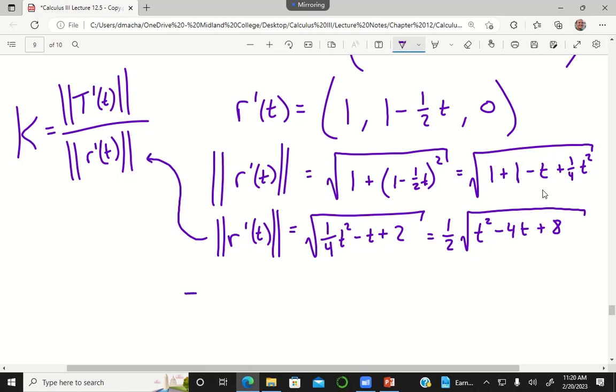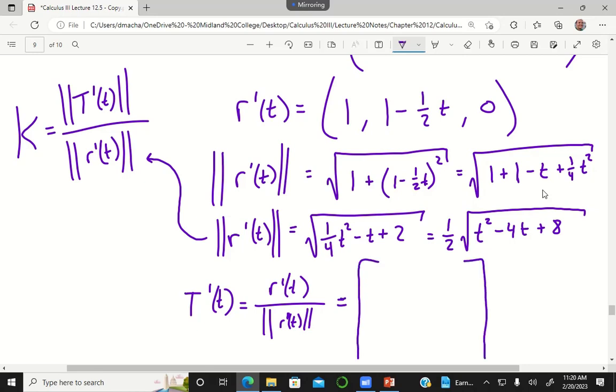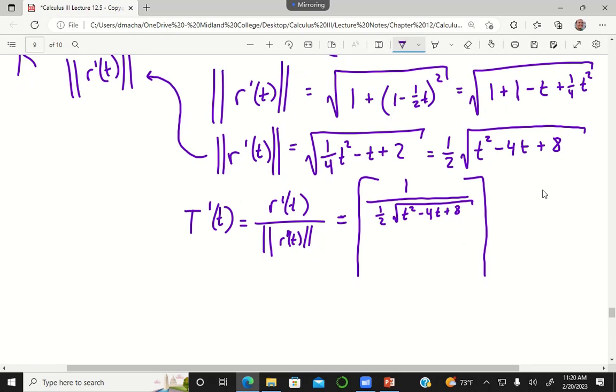And I also need that to find my unit tangent vector, T prime of t. So this is going to be r prime of t divided by the norm of r prime of t. So my unit tangent vector is going to be this vector, 1 divided by 1/2 square root t squared minus 4t plus 8. The y component is 1 minus 1/2 t divided by 1/2 square root of t squared minus 4t plus 8.